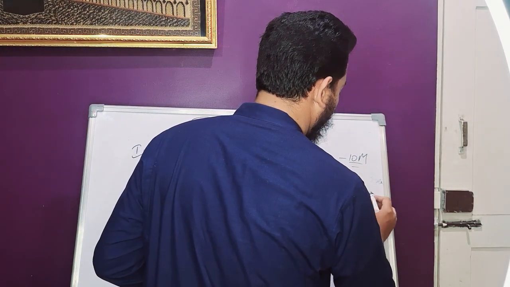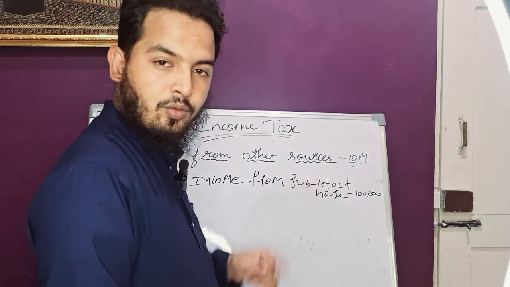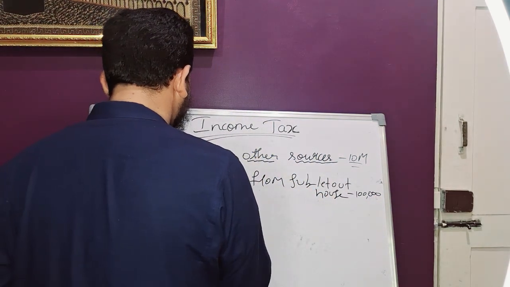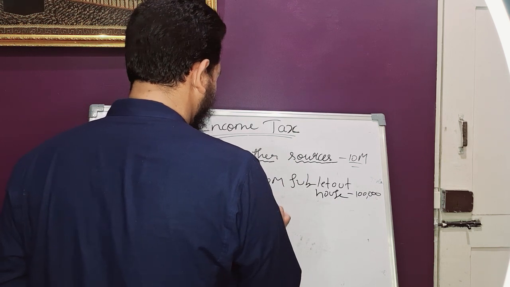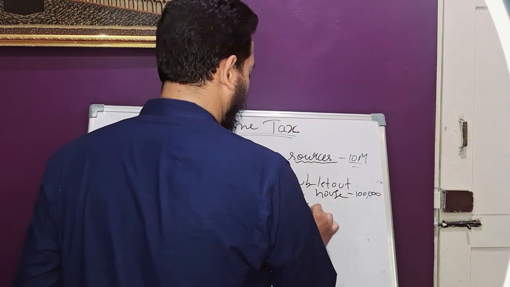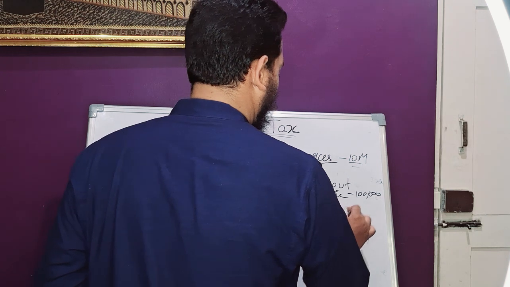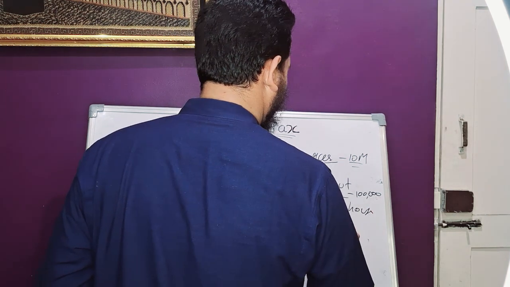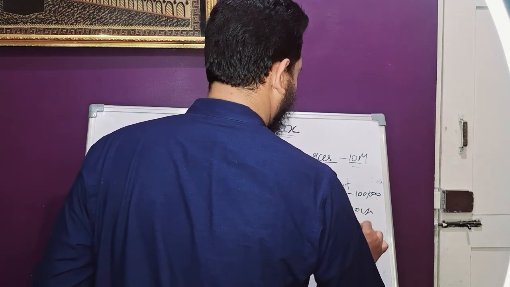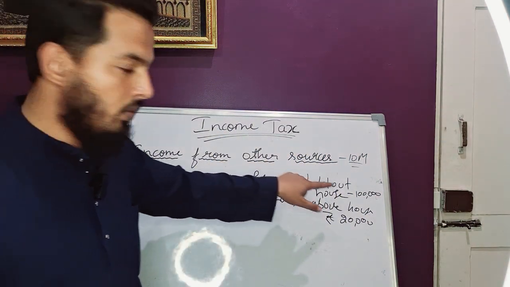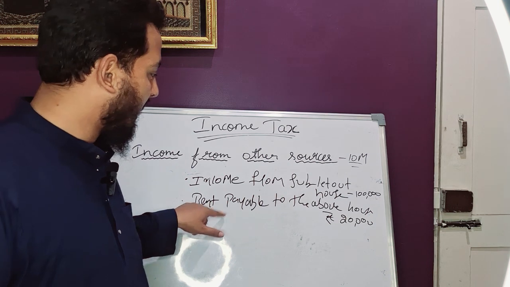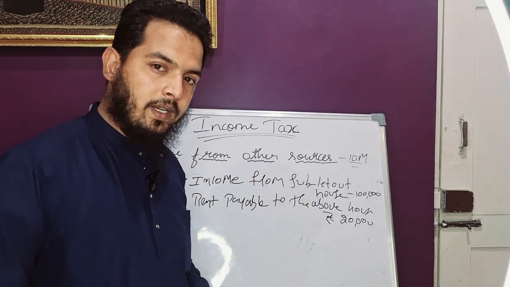Income from sublet out house, rupees 1 lakh. Rent payable to the above house, rupees 20,000. Income from sublet out house 1 lakh. Rent payable to the above house, rupees 20,000.